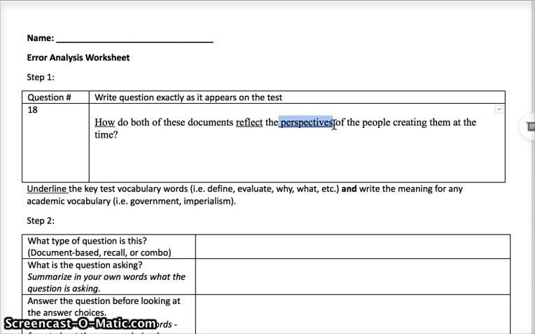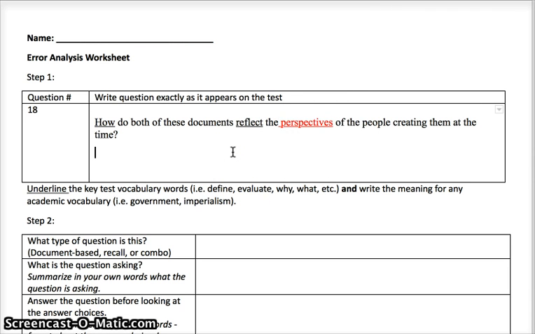Now perspectives also doubles as an academic vocabulary word since we've been talking about perspectives in social studies. Then I'm going to actually write the meaning for any of my academic vocabulary words. I'm going to take perspectives as my academic vocabulary word. So you are going to write the definition where I'm going to type it in red.